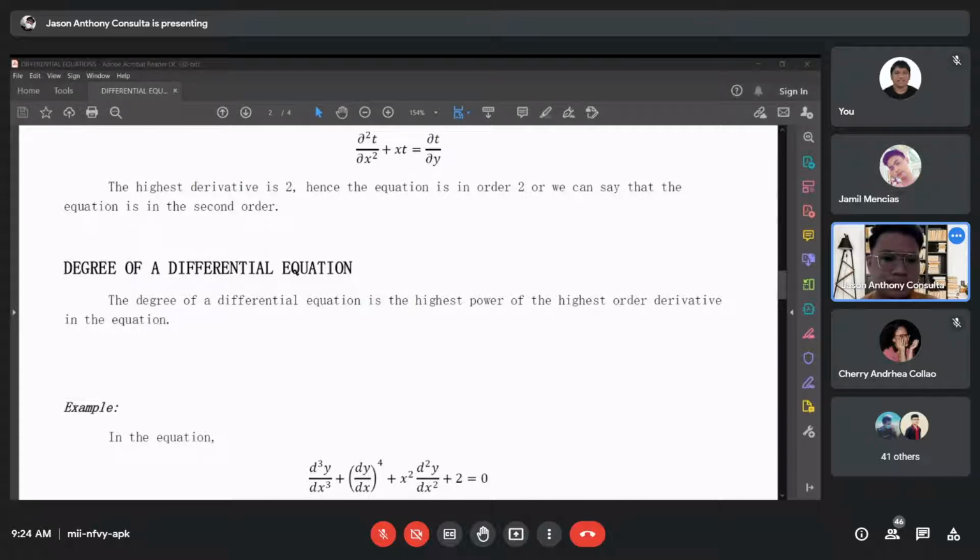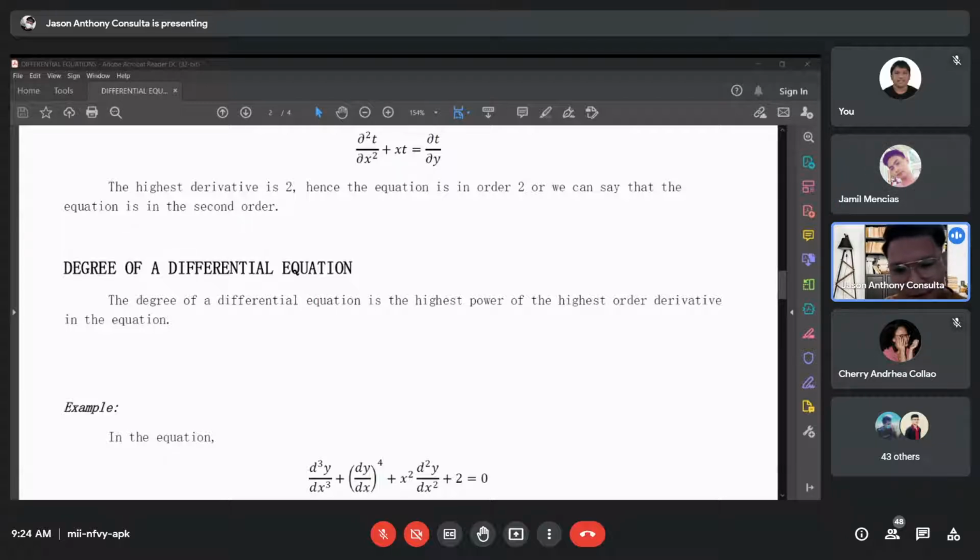The third derivative of y with respect to x plus the derivative of y with respect to x raised to 4 plus x squared times the second derivative of y with respect to x plus 2 is equal to 0.